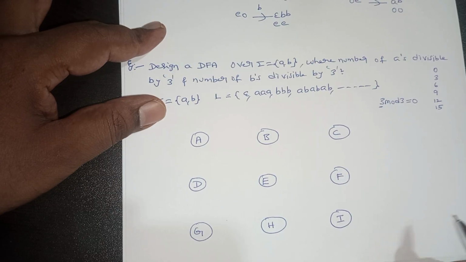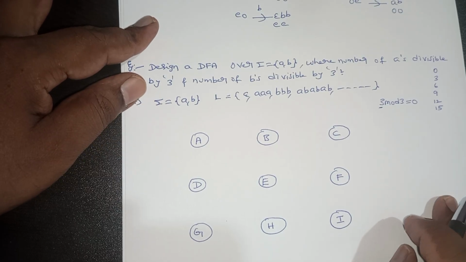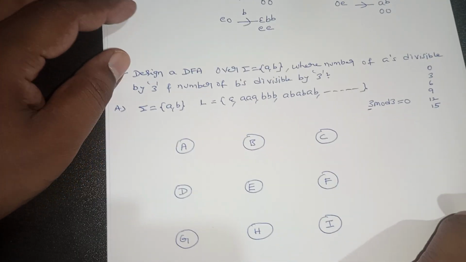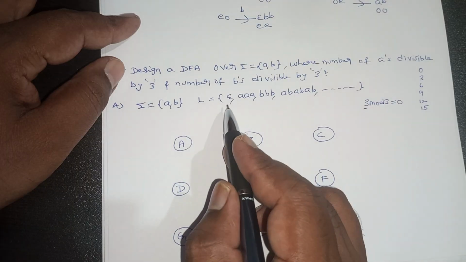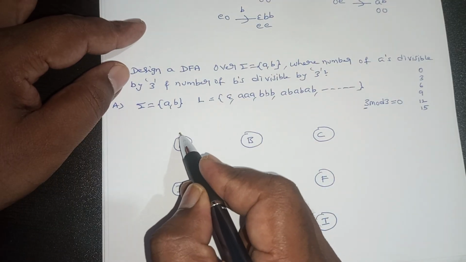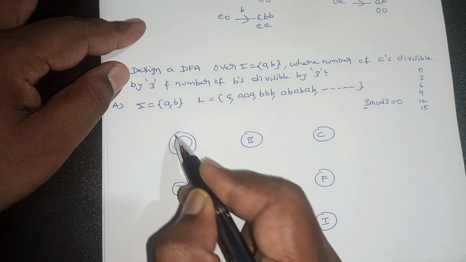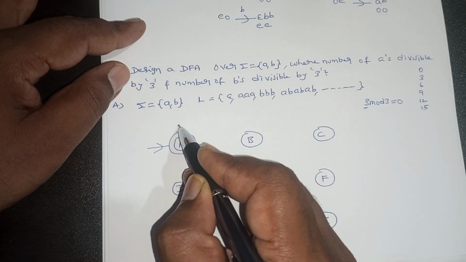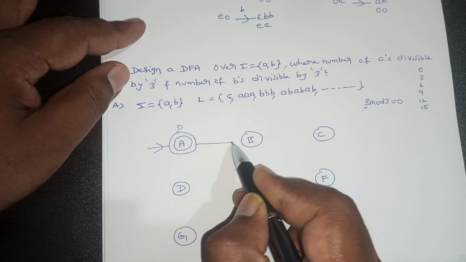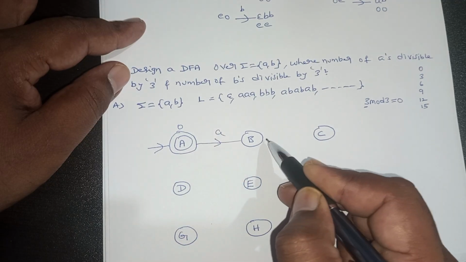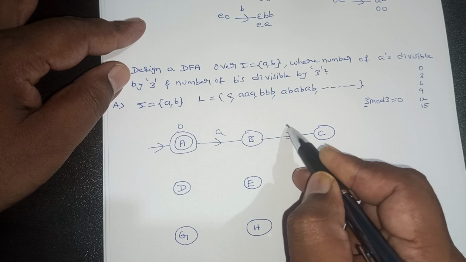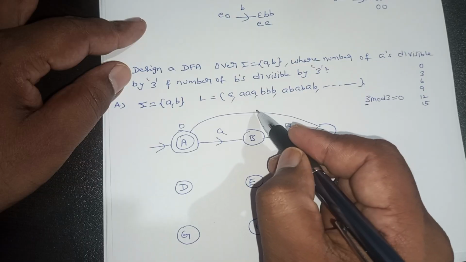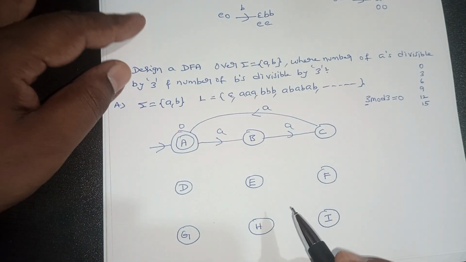So I am taking the states like this, and I am extending the same diagram. What they are saying is, when there is an epsilon, you write the start state as the final state. This is the start state. 0, 1A, 2A, 3A.